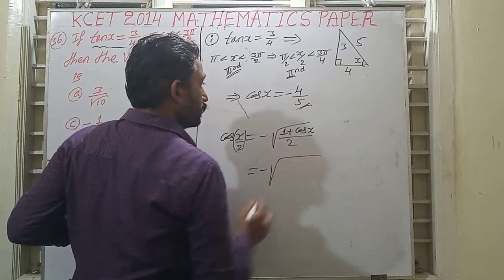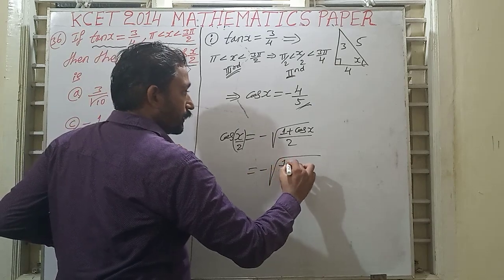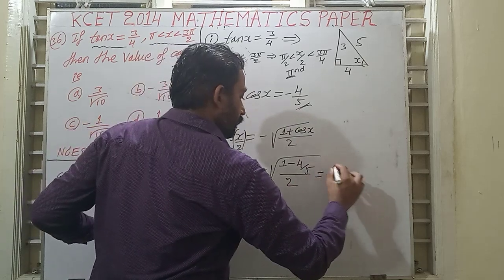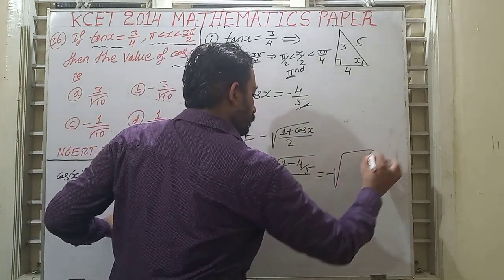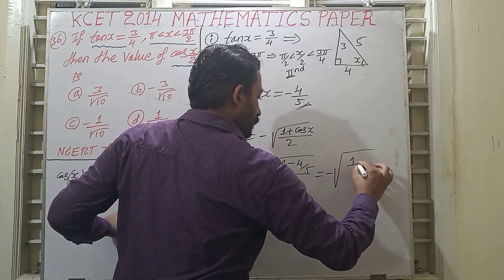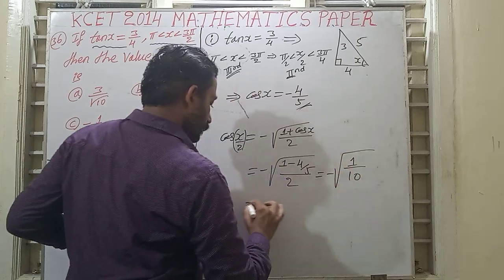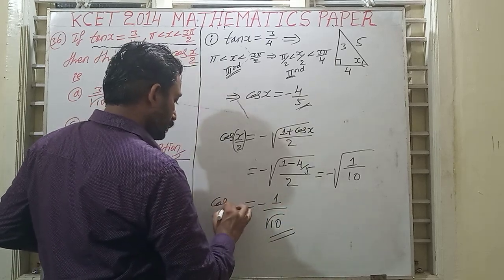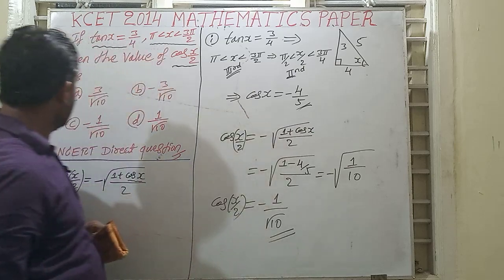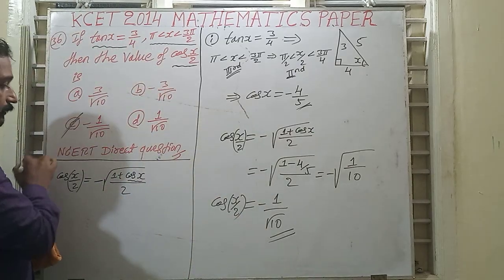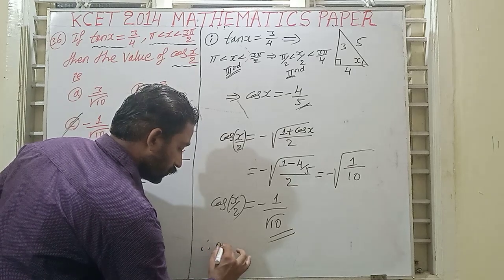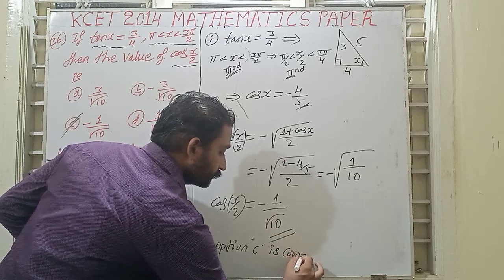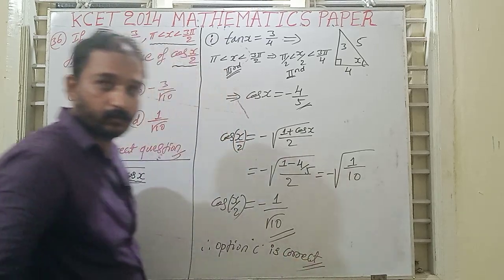Minus square root of 1 minus 4 divided by 5, divided by 2. So minus square root of 5 minus 4, 1, divided by 5 twos are 10. Okay. So now minus 1 divided by square root of 10 is the required answer. Good answer. So in this case minus 1 by root 10, option C is correct. So take note.